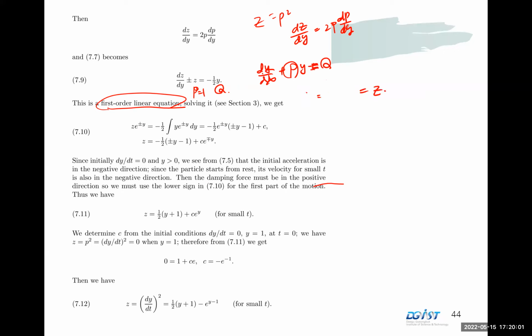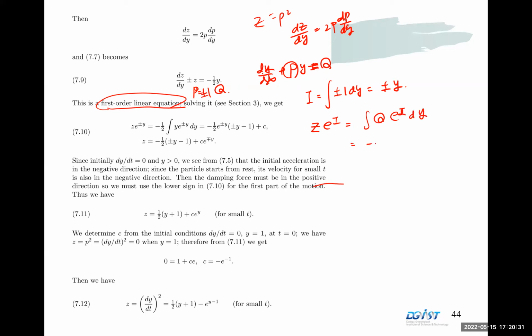So I is the exponential of the integral of dy, p must be plus minus 1, so this is corresponding plus minus y. So we have the general solution: g times exponential of minus I equals the integral of q times exponential of plus I dy.